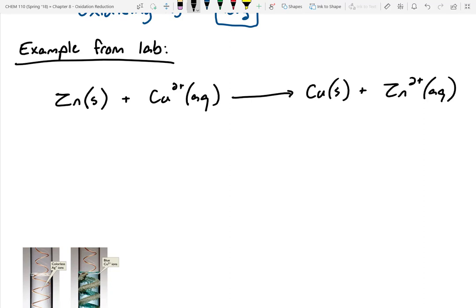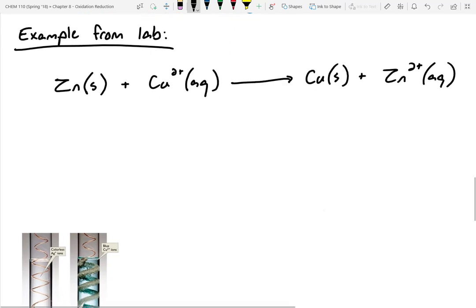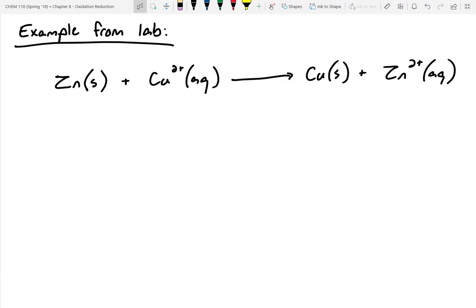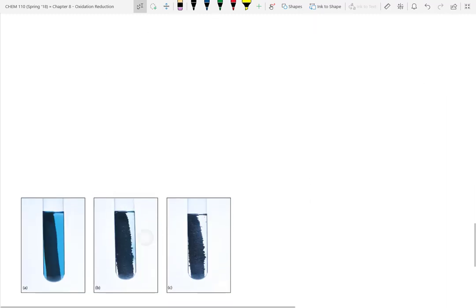So let's identify what was oxidized and what was reduced in this reaction, and what was the reducing agent and the oxidizing agent. I'm actually going to delete that picture and show a different one.